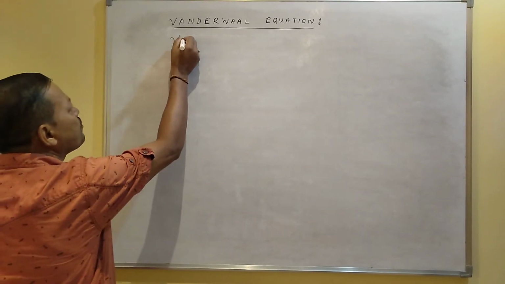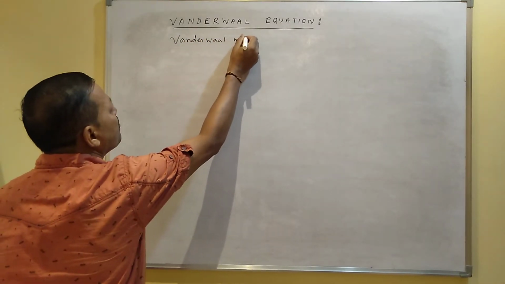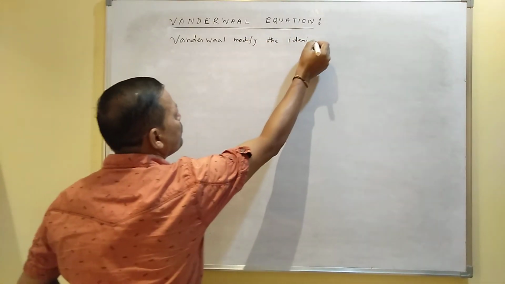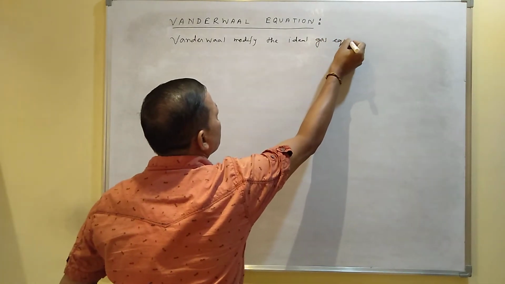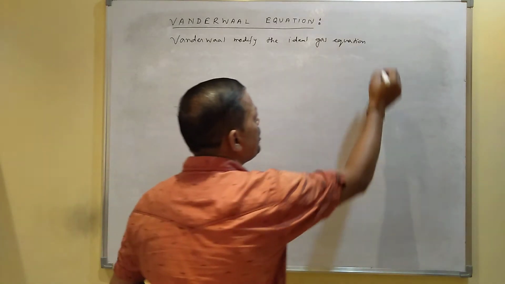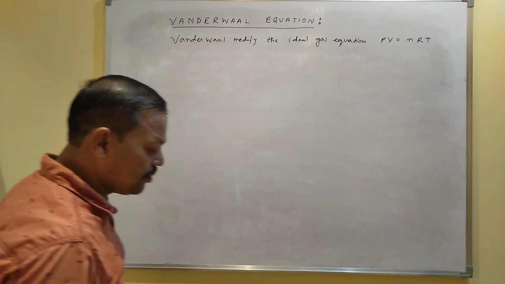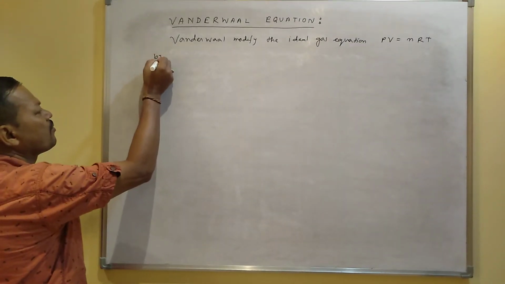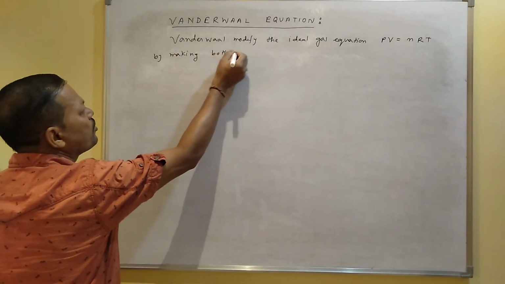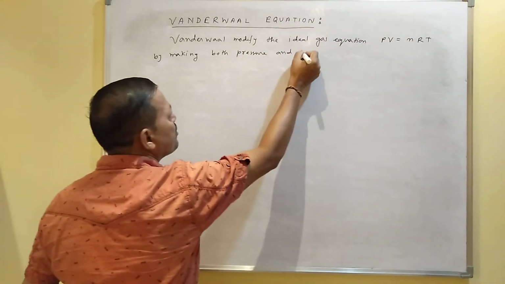So van der Waals modified the ideal gas equation PV equals nRT by making both pressure and volume correction.